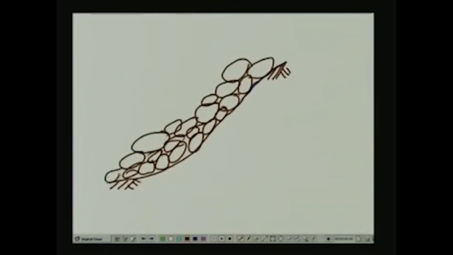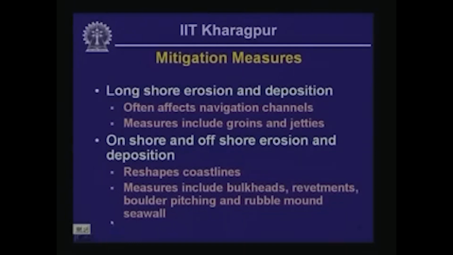In this manner. So since the boulders are too heavy for the water wave to erode, as a result, erosional areas of a coastline can be stabilized in this manner. And instead of boulders, sometimes special concrete blocks which are structurally erosion resistant are also sometimes used. So this is the other means of controlling onshore and offshore erosion and deposition. All right.